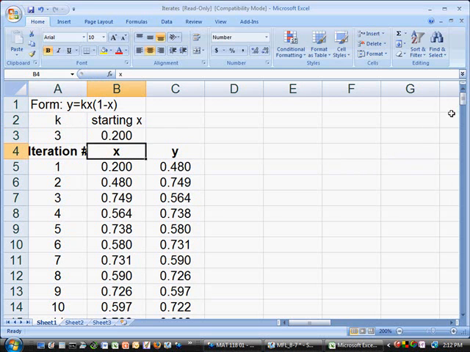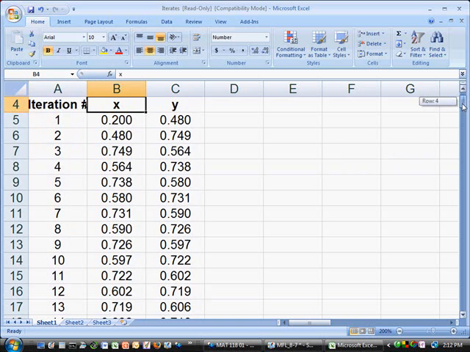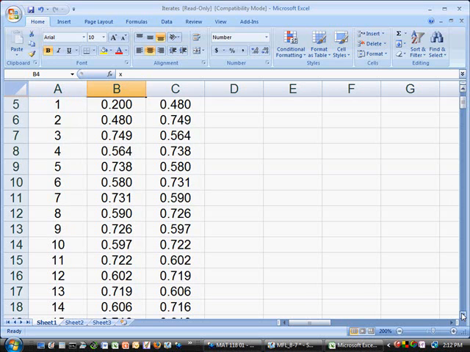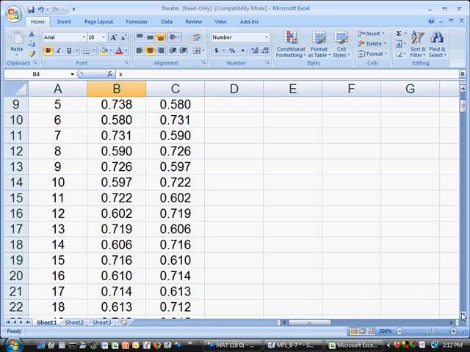Okay, look at the y's now, and you may have to do some scrolling here. Do you see any patterns? Do you see any attractors? And the answer is no, not yet. So let's keep looking. Sometimes it takes a while.